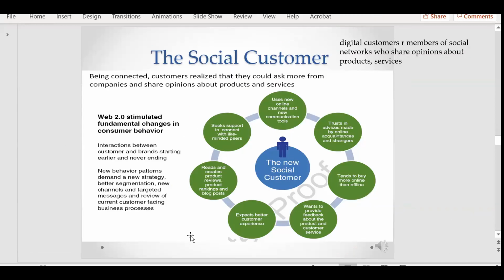So, social customers. Another word for social customers is digital customers. And most of us are becoming digital customers, right? We actually do a lot of purchases, and not just purchases, we also share our opinions, our electronic comments, our electronic reviews online, whether on the products and services that we have used before.